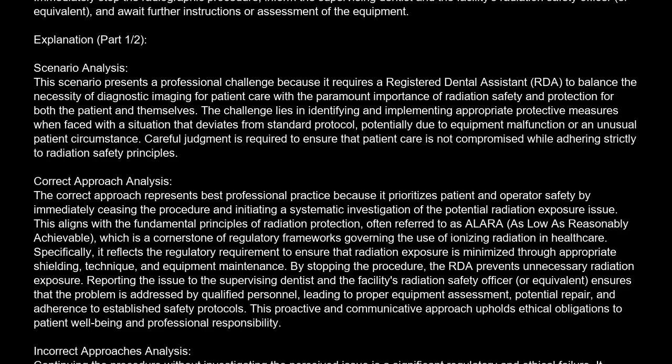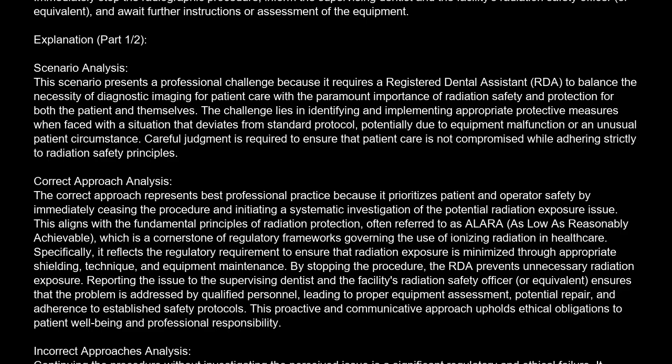Correct approach analysis. The correct approach represents best professional practice because it prioritizes patient and operator safety by immediately ceasing the procedure and initiating a systematic investigation of the potential radiation exposure issue. This aligns with the fundamental principles of radiation protection, often referred to as ALARA, as low as reasonably achievable, which is a cornerstone of regulatory frameworks governing the use of ionizing radiation in healthcare.